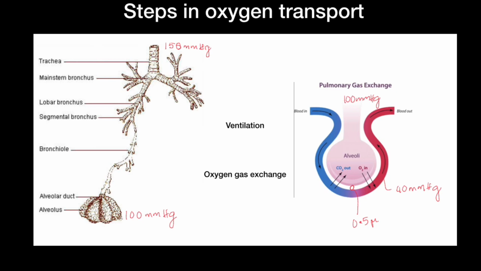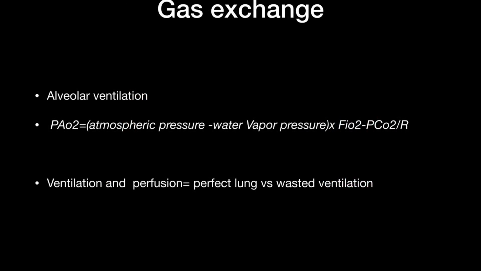The thickness of alveolar capillary membrane is around 0.5 microns. So this oxygen diffuses through the membrane from a higher pressure, which is 100, to a lower pressure, which is 40. And after the oxygen moves into the pulmonary vein, it goes to the left side of the heart, and we come to the systemic circulation.